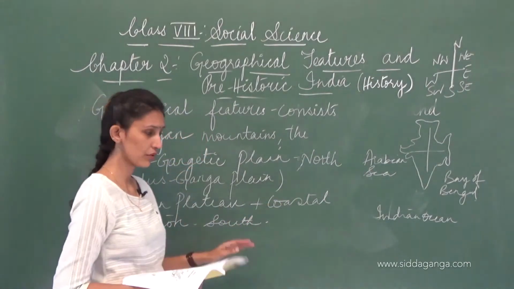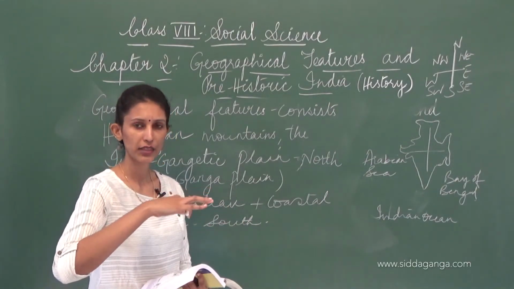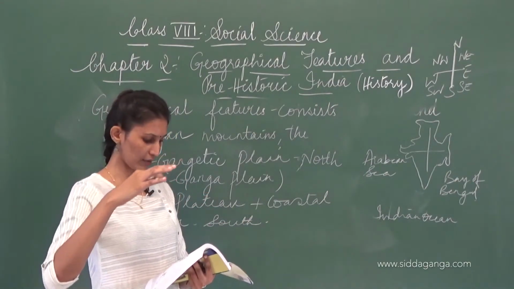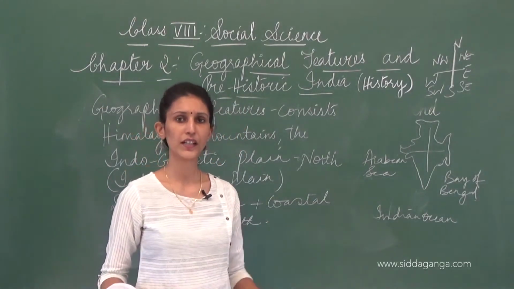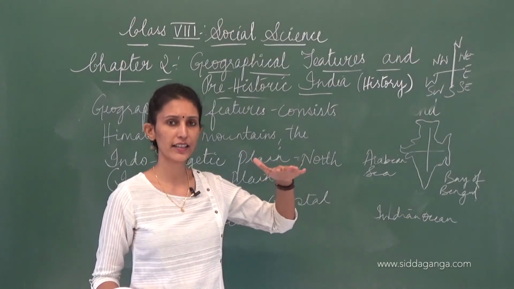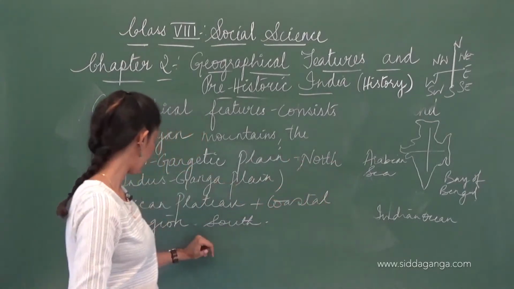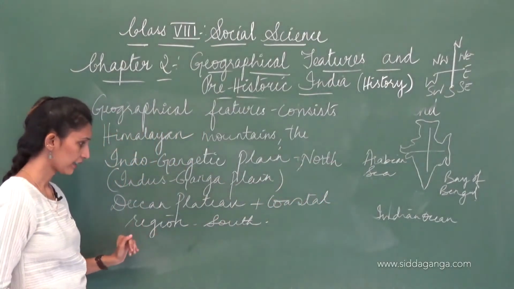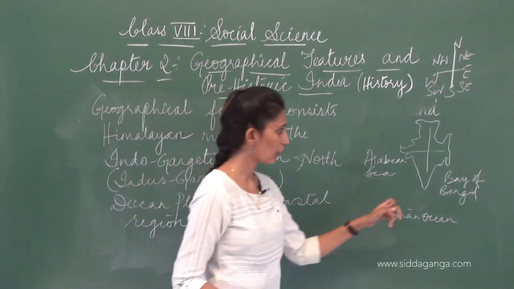Now, a plateau means an area of land that is a little high, a high ground. It's not very low. A plateau is a highly elevated or higher ground, and there is this coastal region which is there in the south, okay.